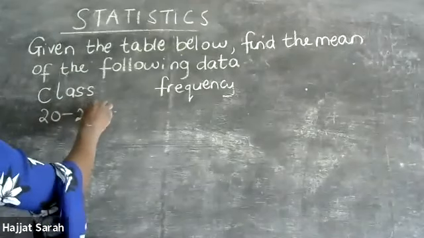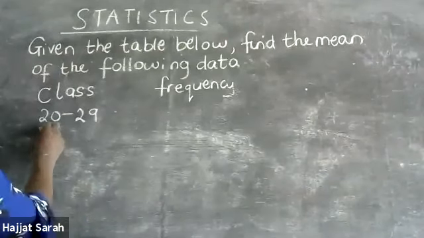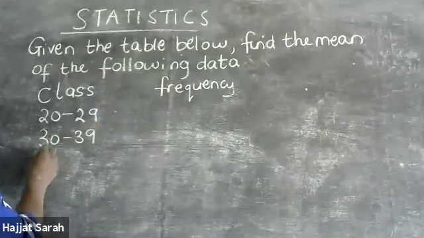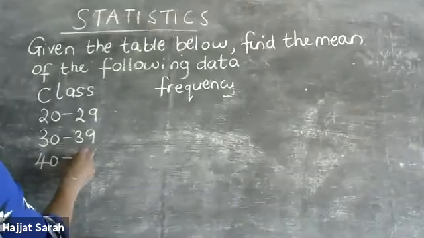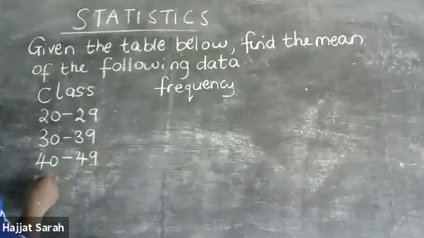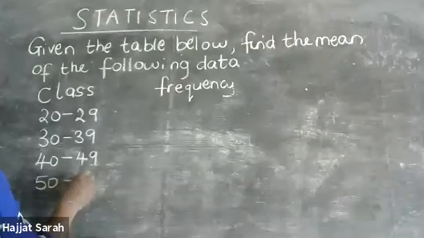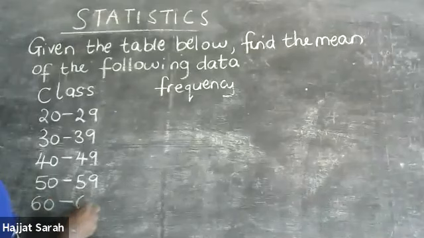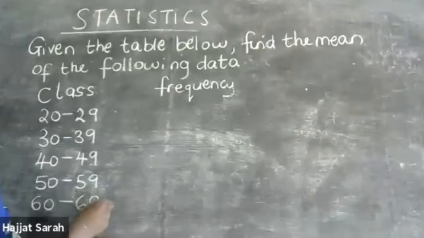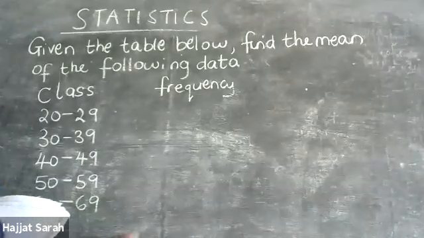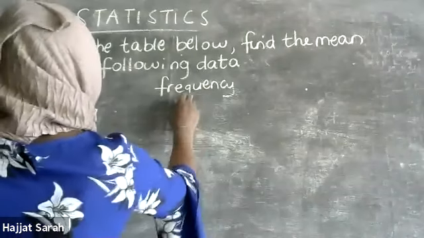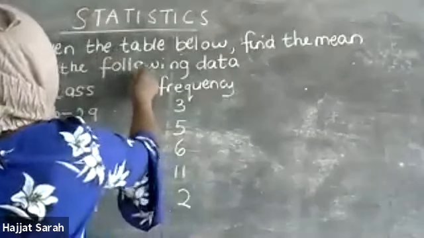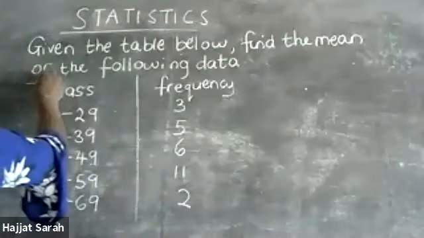So our class this time is 20 to 29, 30 to 39, 40 to 49, 50 to 59, and then 60 to 69. And the frequency is 3, 5, 6, 11, and 2.